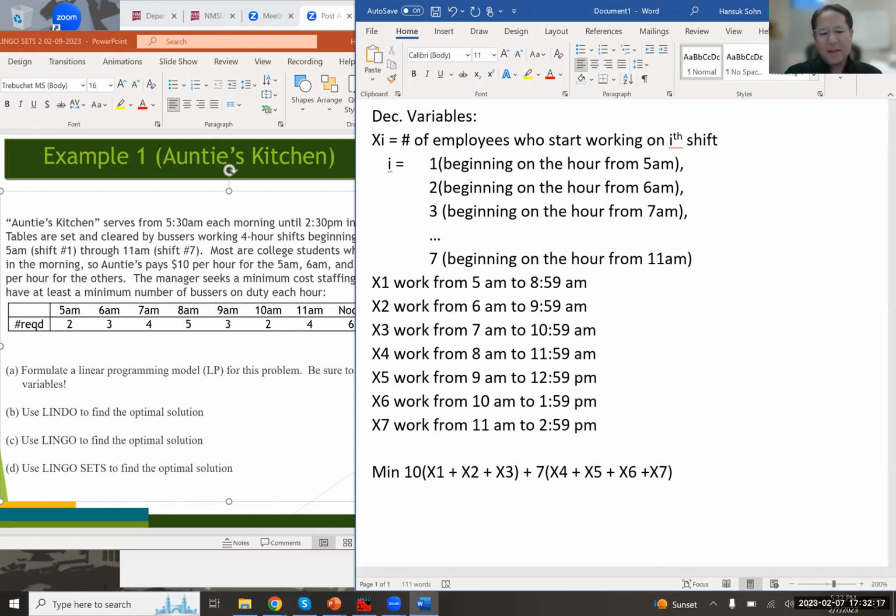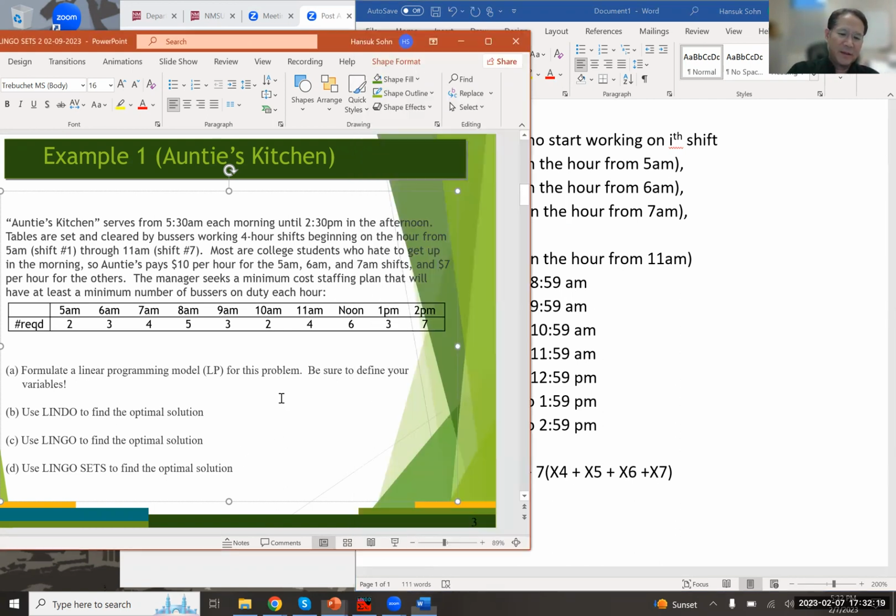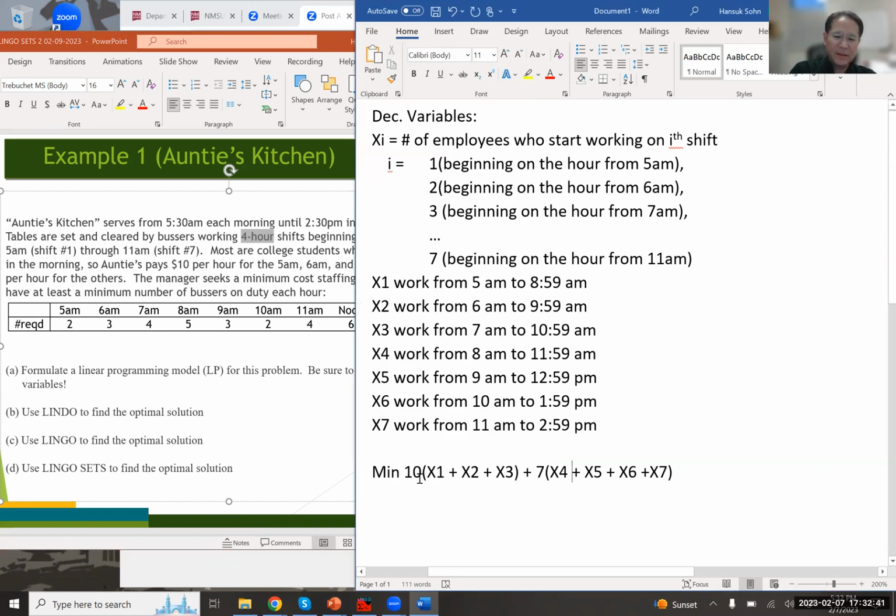Almost. But be careful here. Here, Auntie's pays $10 per hour, right? However, each employee has to work 4 consecutive hours once they start, okay? So actually, Auntie's is going to pay $10 per hour for 4 hours, right?